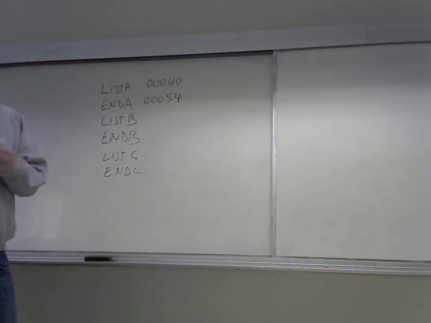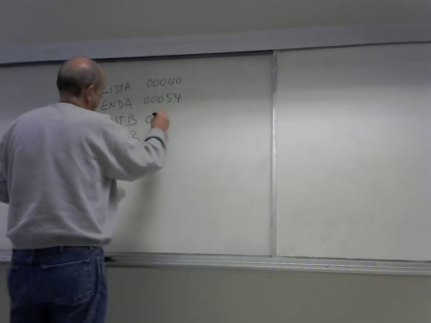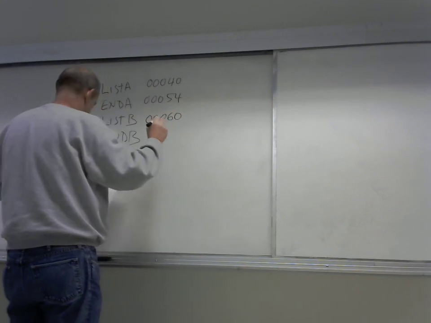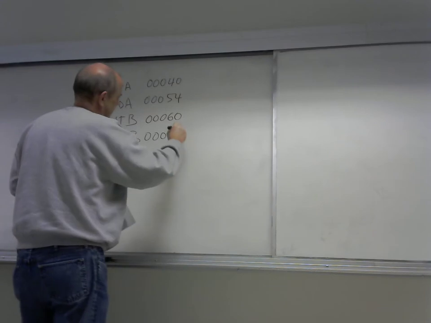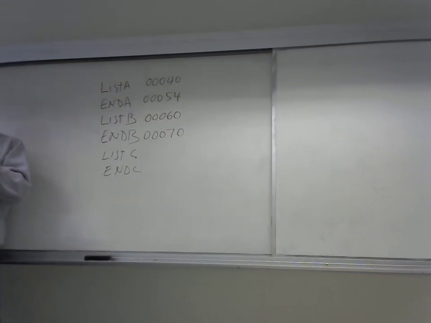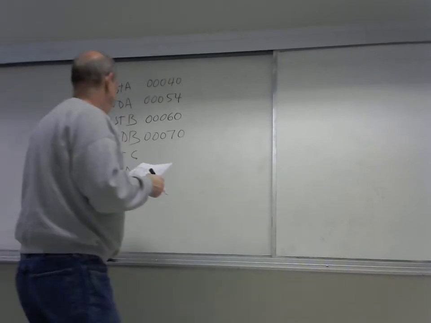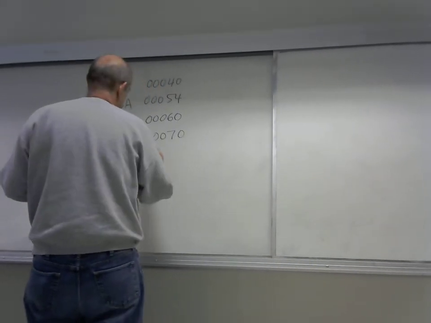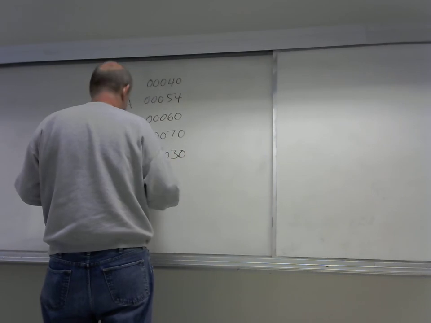Now the same thing with prog B. List B is 60. And end B is at 70 in hexadecimal. All right, C. I'm making a symbol here. List C is at 30. And end C is at 42.